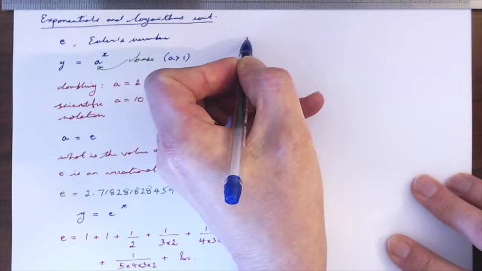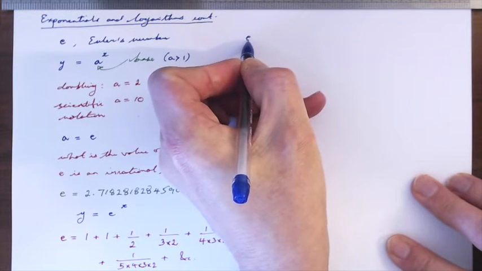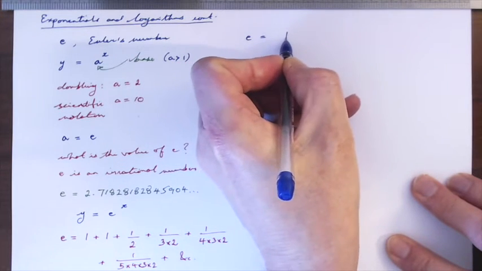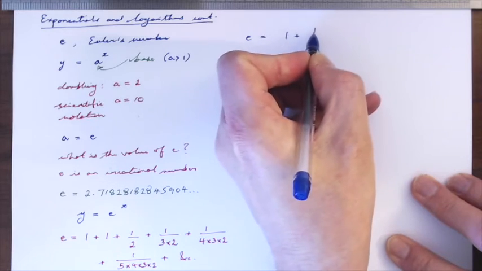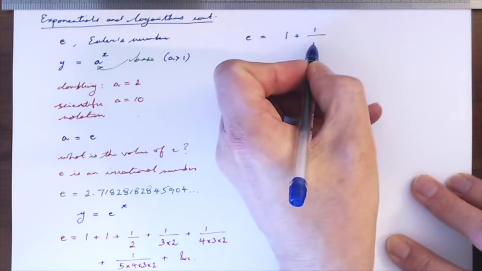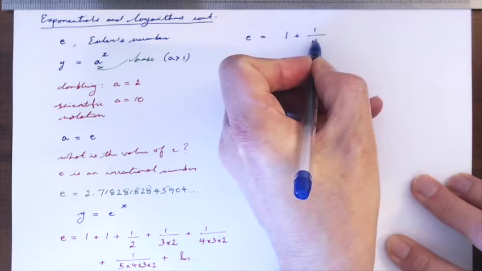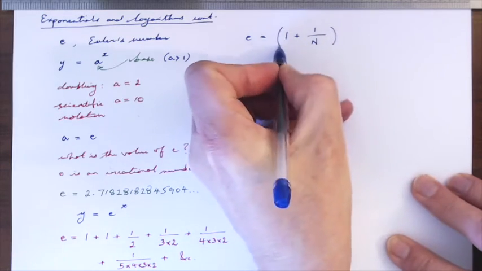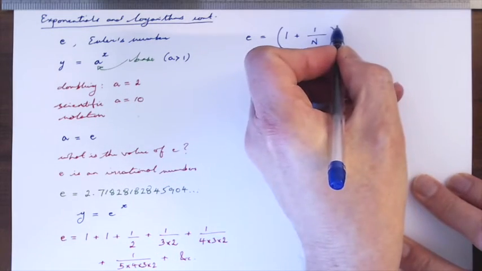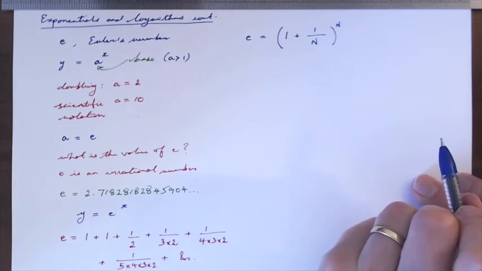You can represent e as the following: 1 plus 1 over a very large number that I will represent as n, all raised to the power of that same very large number.